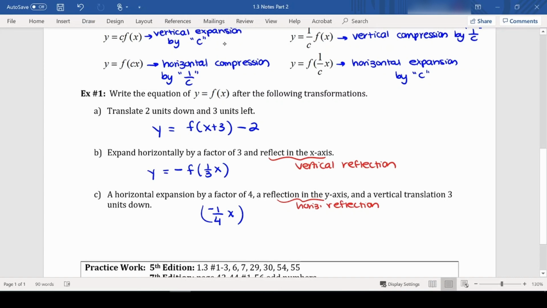We aren't moving left or right, so that's all that's going to go inside the function, but we are going to translate 3 units down, which means your minus 3 goes outside the f. Also, a reminder, some of you might have gotten used to writing that translation down over on the left with the y. This is fine as well.